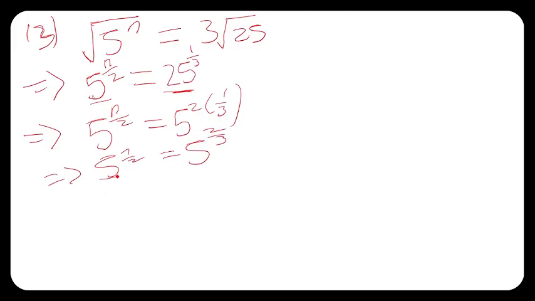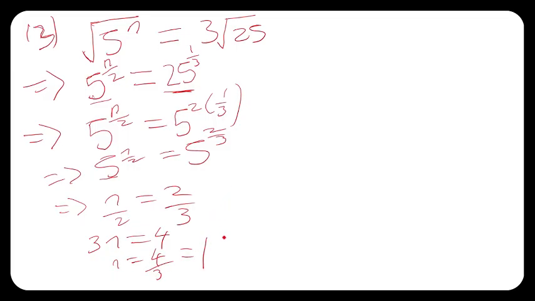So from our law, we know we can equate these two, right? So n over 2 is equal to 2 over 3. So by cross multiplying, 3n is equal to 4. So n is equal to 4 over 3, which you can also write as 1 whole number 1 over 3.